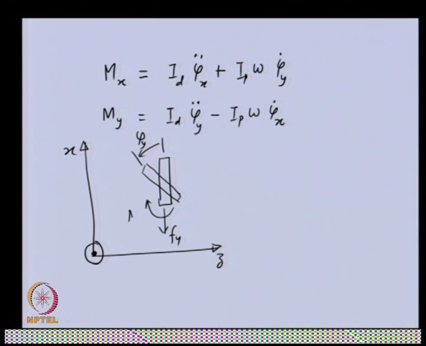Let us say this is about the y axis, this will restrict the motion of the tilting, and this is opposite to the y direction displacement. Fy is opposite to the y displacement. So we can write the equilibrium equation of this disc in the y direction, for force balance.